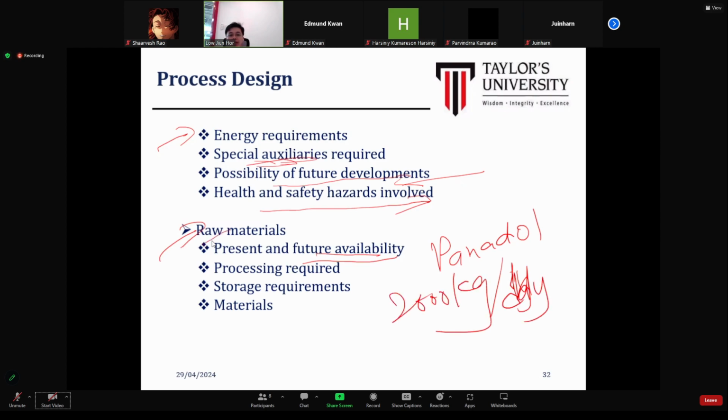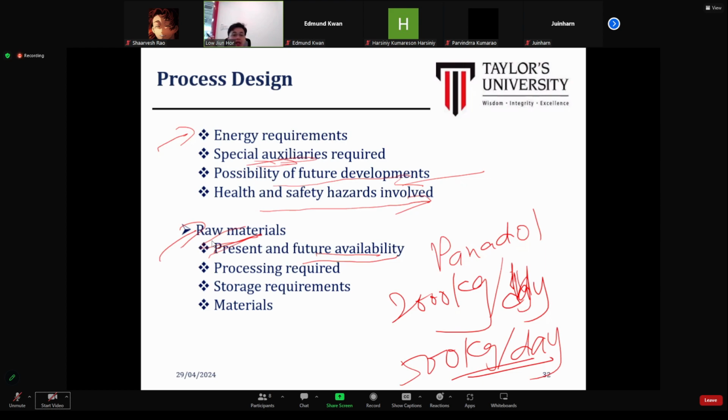But the raw material supply is very hard to get from the market. And maybe based on the amount of raw material that your supplier can supply to you, you can only produce, let's say, 500 kilograms per day of Panadol. Then you really need to consider that. Why? Later, it will limit the maximum amount of product that you can produce.